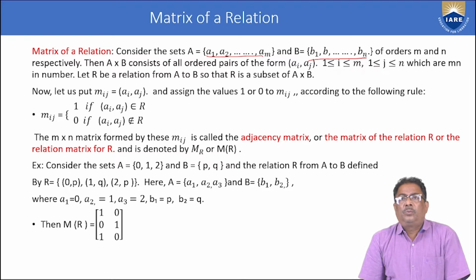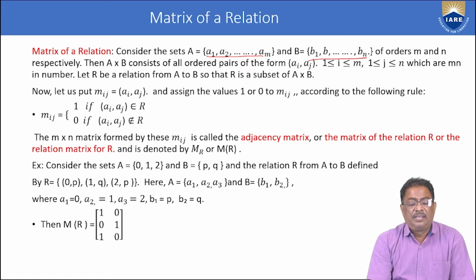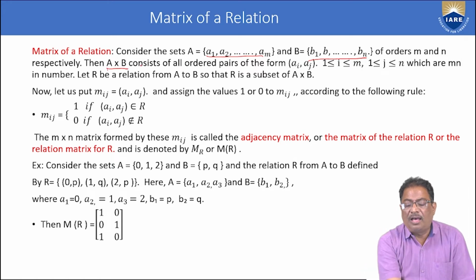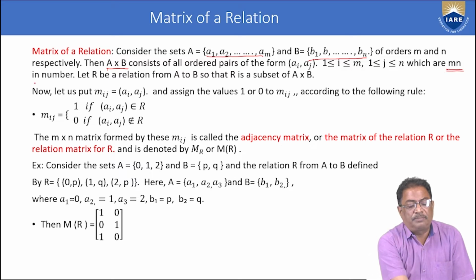Then how are we going to construct a matrix? Of course, A cross B will have M into N ordered pairs.